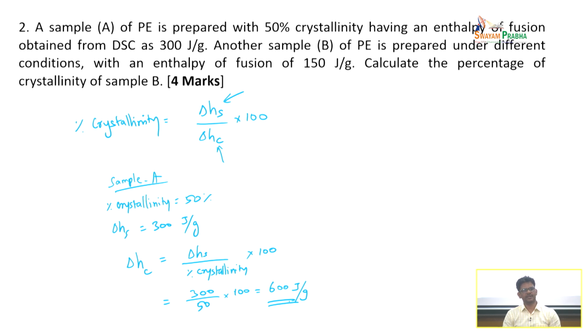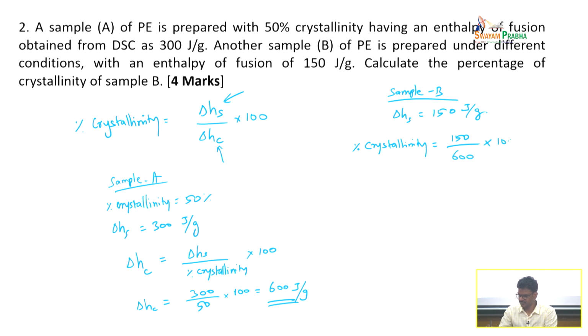So based on the data given for sample A, you can get the 100% crystalline material's heat of fusion, and using this you can go to sample B. For sample B, delta Hs is given, and this is 150 joules per gram. So for this sample, percentage crystallinity is 150 divided by 600 into 100. So that is basically 25%.